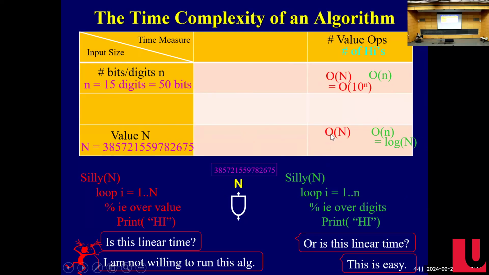So the running time of the red one is linear, and of the green one is a logarithmic running time, right? Versus up here, the red one's exponential and the green one's linear, right? So you can think which of these definitions seems to make more sense. And I guess the standard is the top one. All right, everybody buy this?